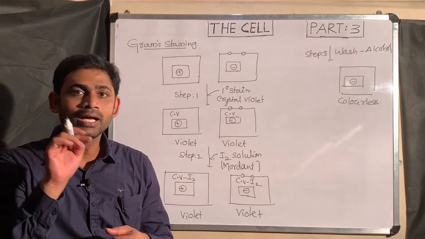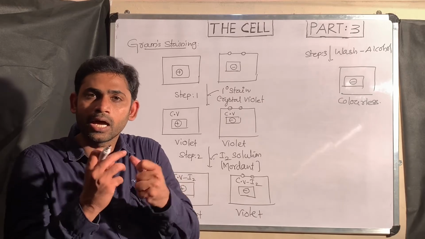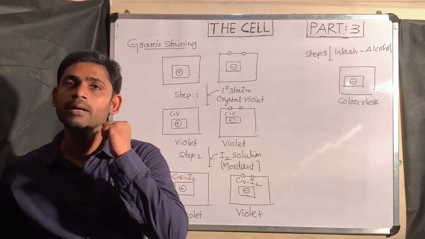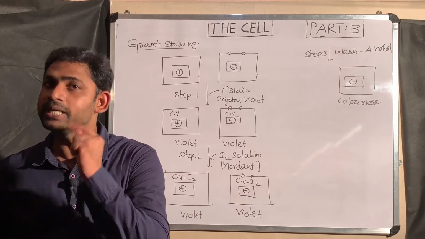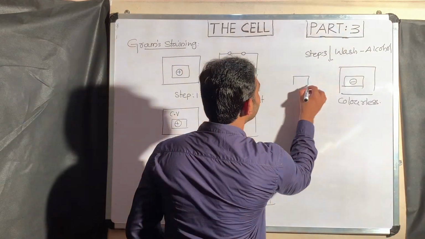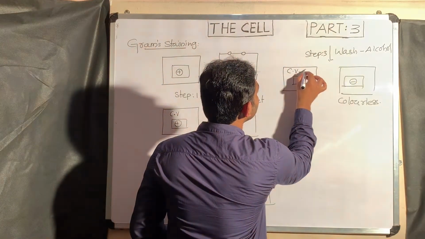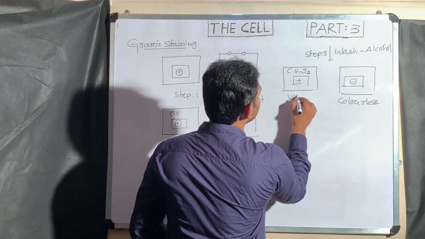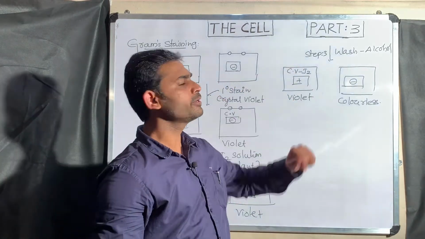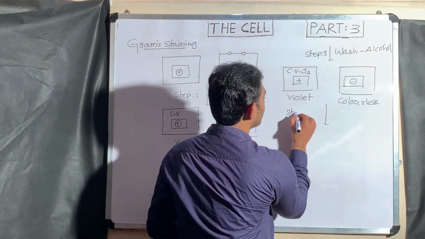The important thing is that this iodine and crystal violet complex, this iodine inhibits the crystal violet from coming out of the cell wall of gram-positive bacteria. That is why iodine is very important. After alcohol treatment, the gram-positive bacteria retains the crystal violet iodine. That means gram-positive bacteria remains in the violet color. Gram-negative bacteria become colorless.